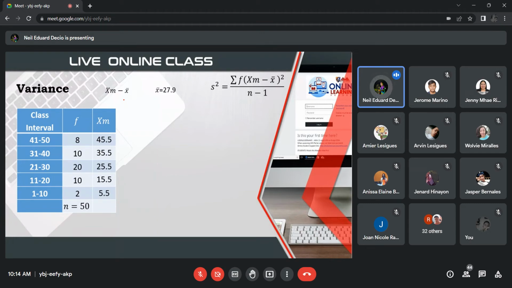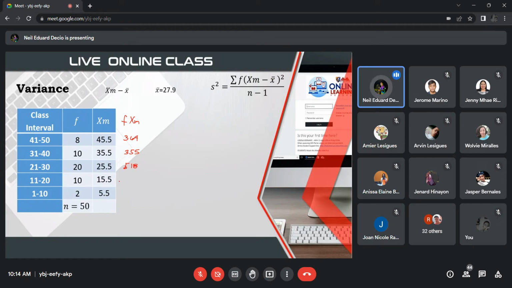Okay, so this would be F times XM. If we want to get X bar, we need to add a row, which is F times XM. So 8 times 45.5, that's 364. Then 10 times 35.5 is 355. And 25.5 times 20 is 510.